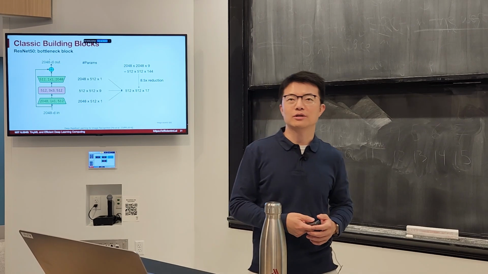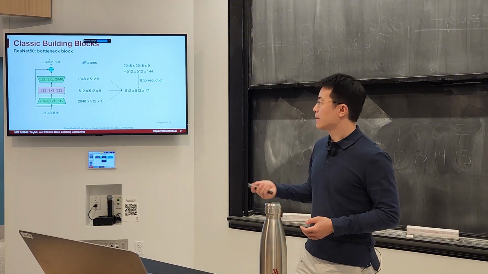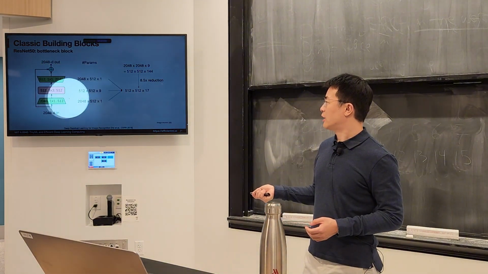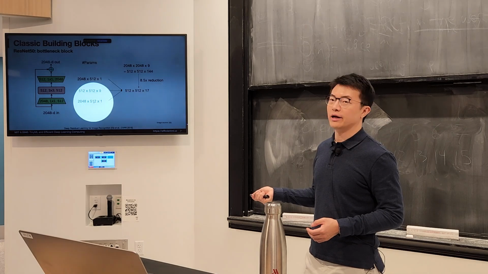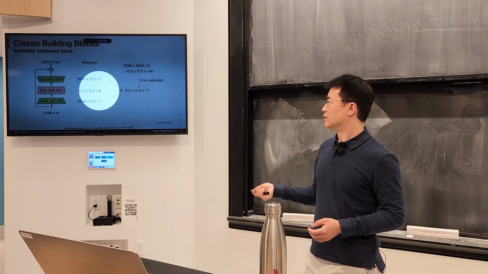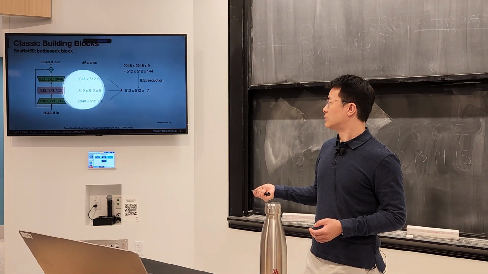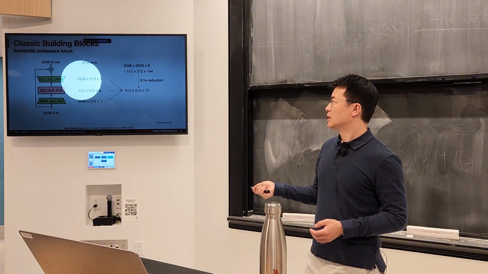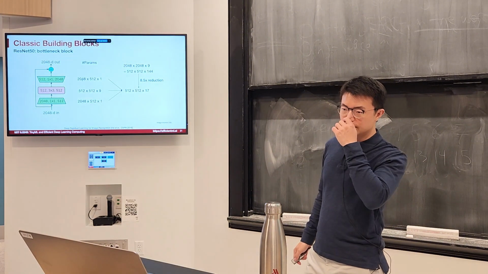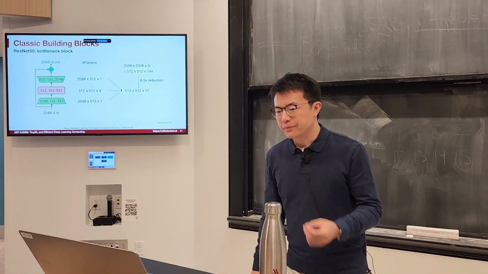What about the number of parameters? We have the 1x1 conv, which is 2K by 512, and then the 3x3 conv, 512 by 512, and then the last 1x1. So this is the total number of parameters.